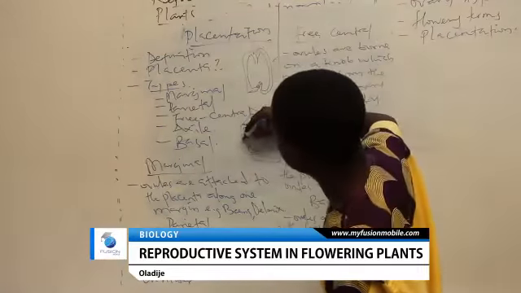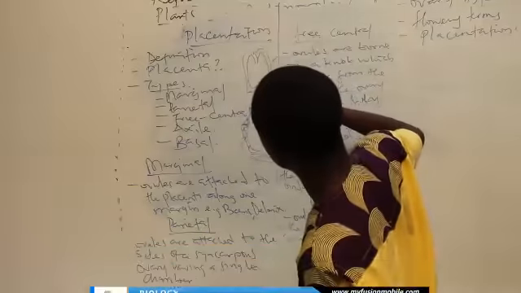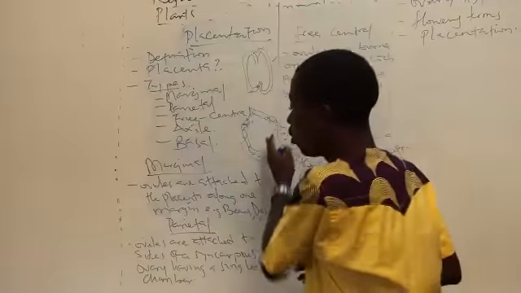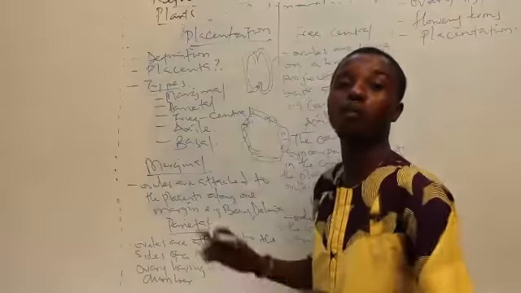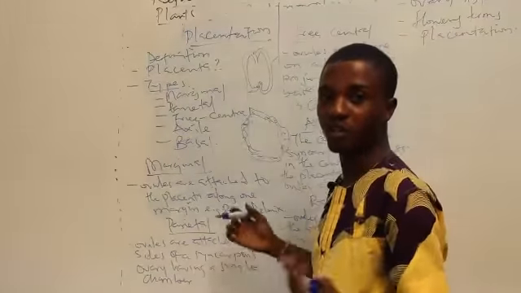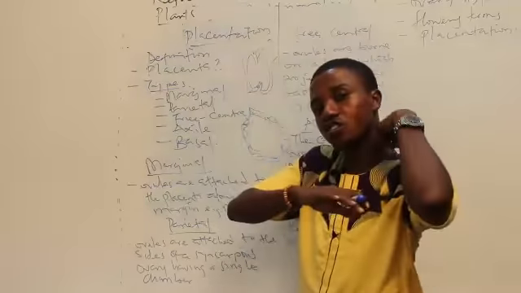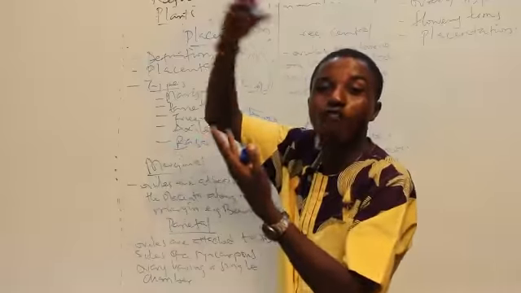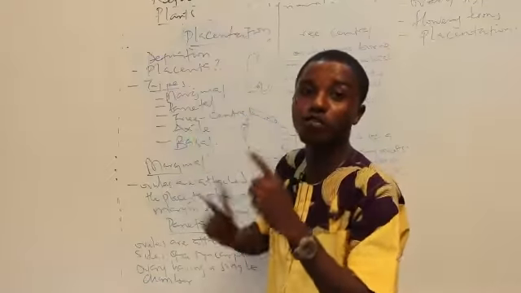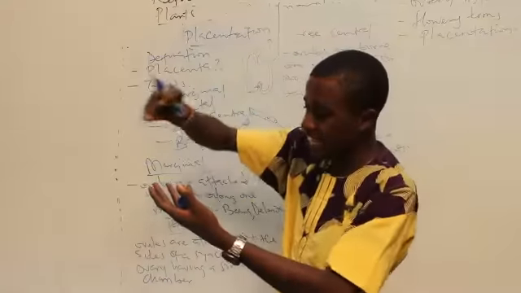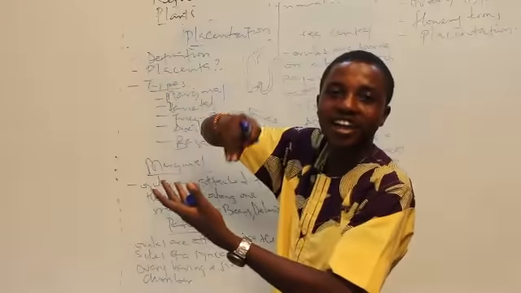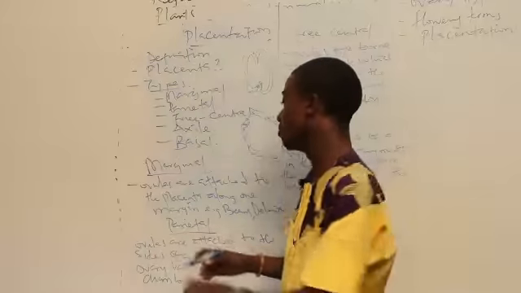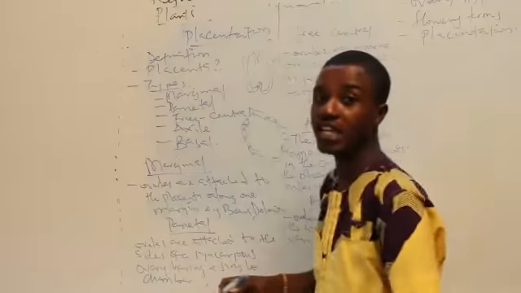When the ovules are attached along the side of a syncarpous ovary, we call it parietal. A very good example is your pawpaw. When you slice a pawpaw into two and look in between, you see the way the seeds, the ovules, are arranged. Recall, the ovules form the seed. The ovules are arranged along the syncarpous ovary. It's actually a beautiful sight to behold. Parietal placentation is for pawpaw.